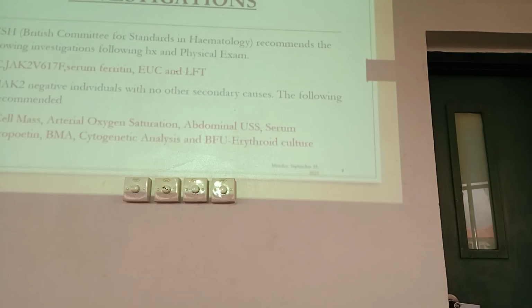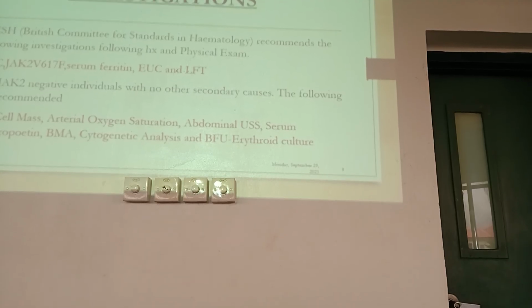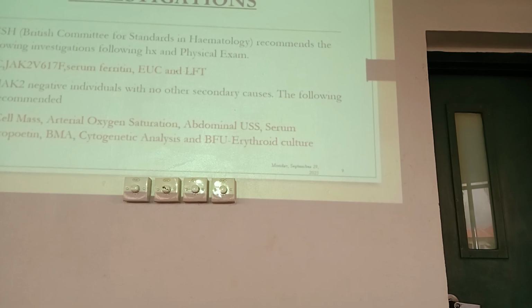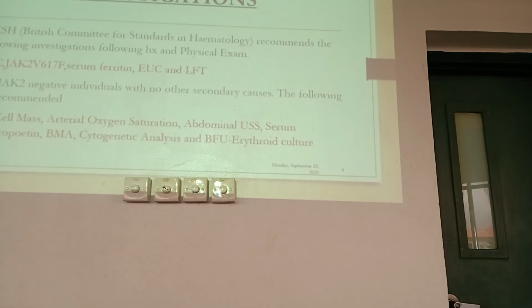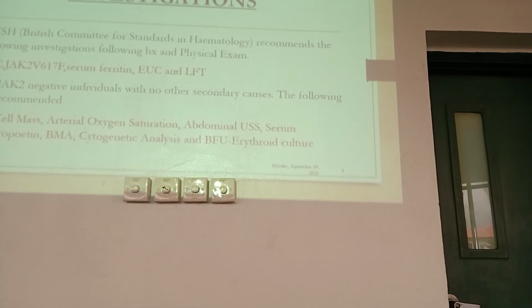So if there is no iron deficiency and platelet count is greater than 400,000, it's minor number one. Minor number two is when the WBC is greater than 12,000 in the absence of any overt infection. If there is no infection, because infection can stimulate leukocytosis.